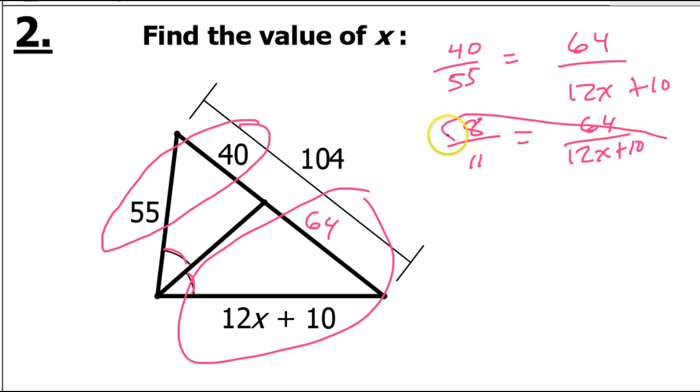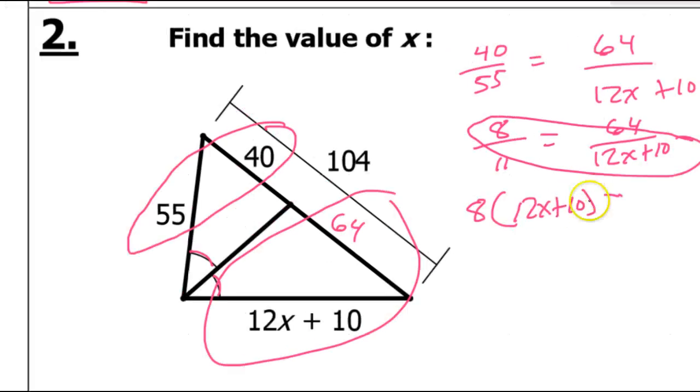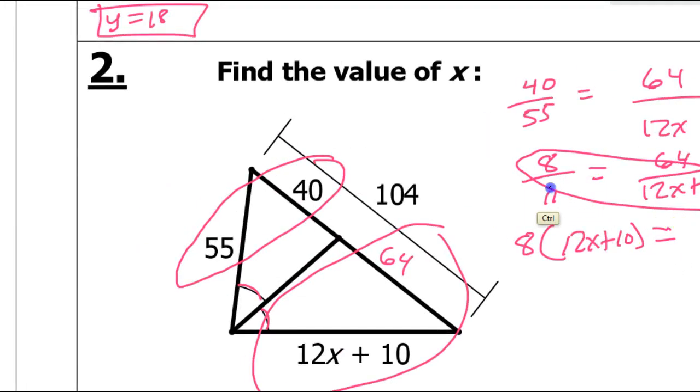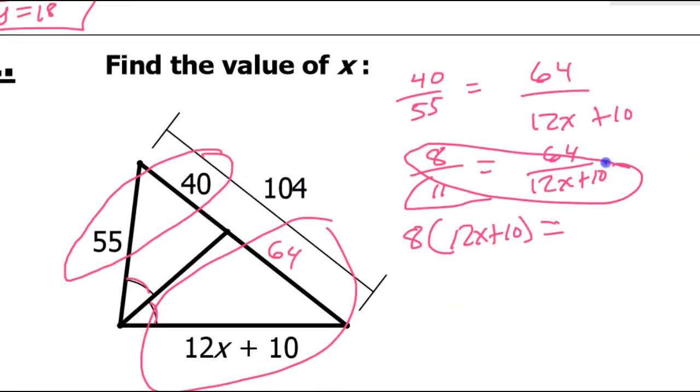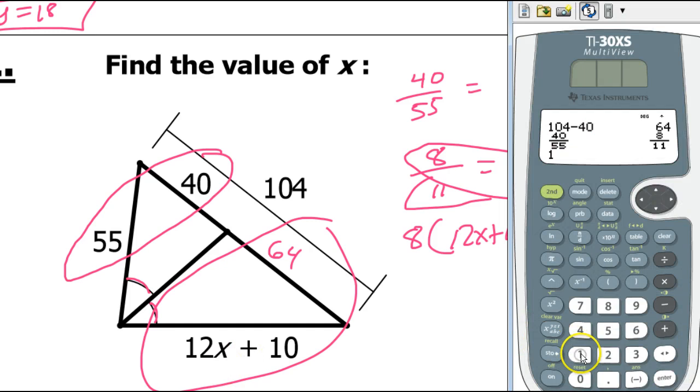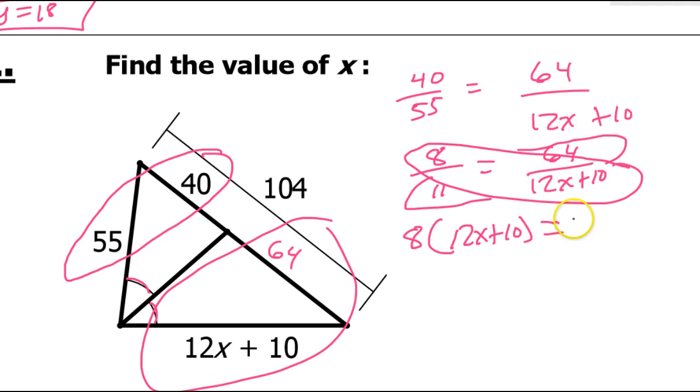So I need to do this diagonal. So in other words, 8 times 12x plus 10 is equal to, and then I need to do this diagonal. So what's 11 times 64? 704.